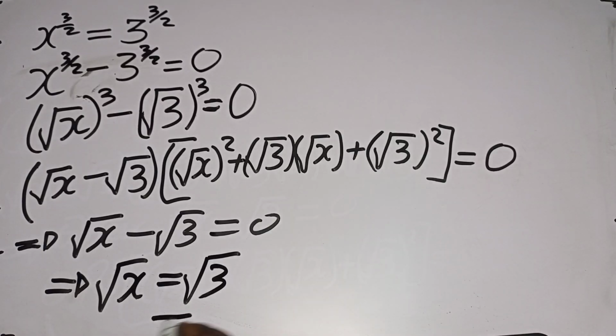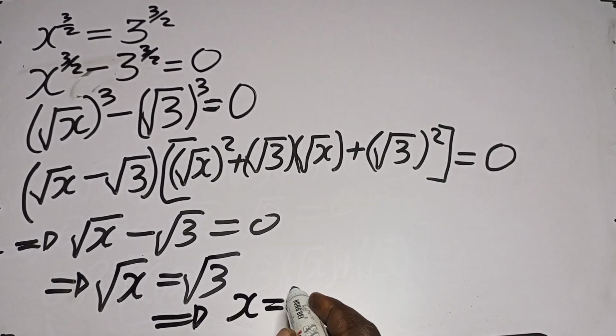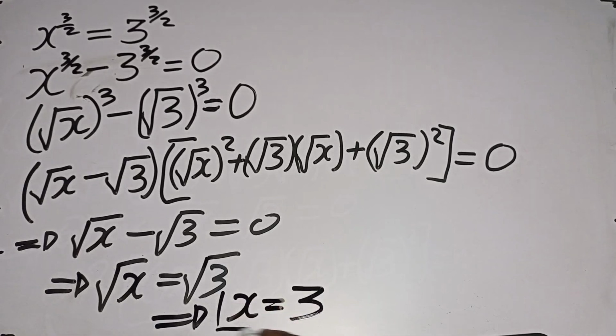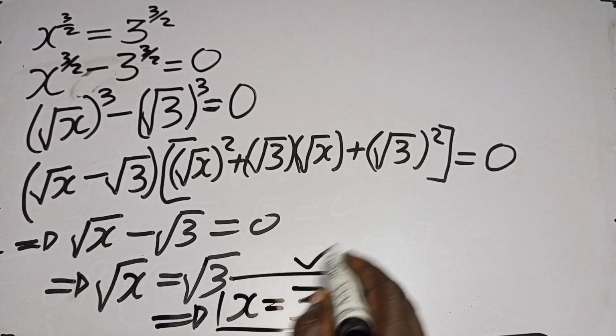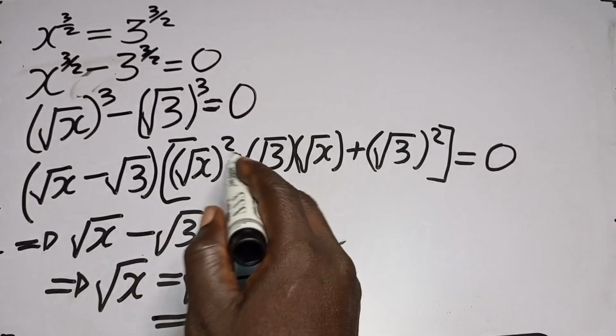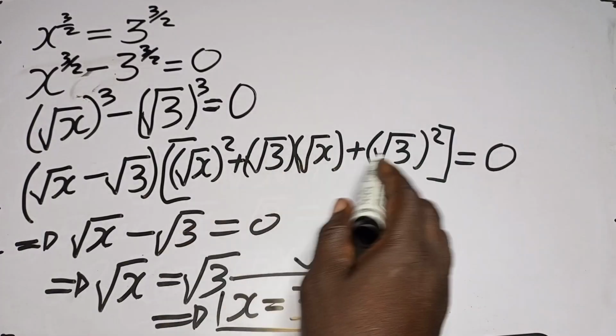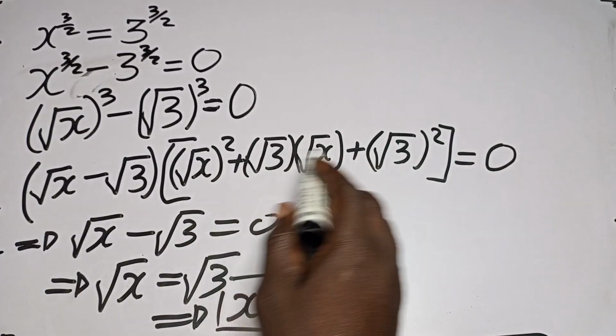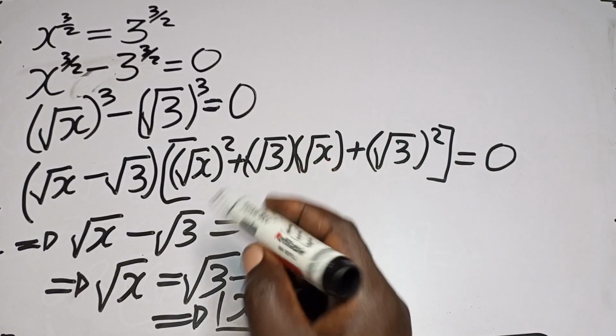And if that is true, then it simply means x equals 3. This is our first solution. The first solution out of the 3. So how do we get the remaining 2 solutions? We also set this other expression equals 0 and solve.